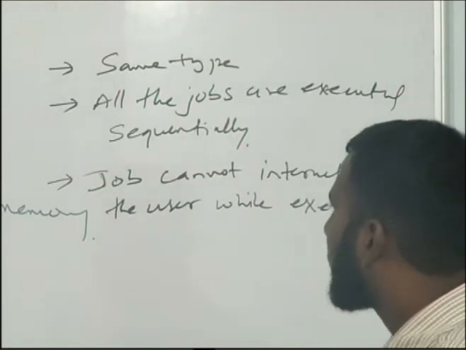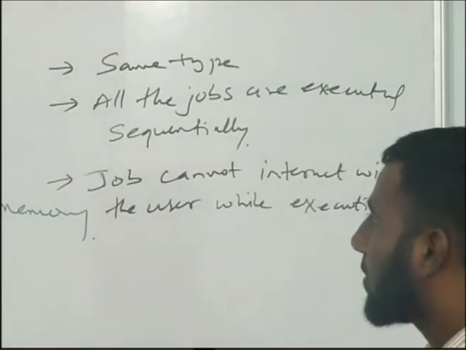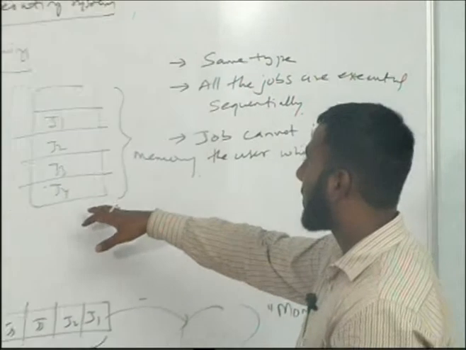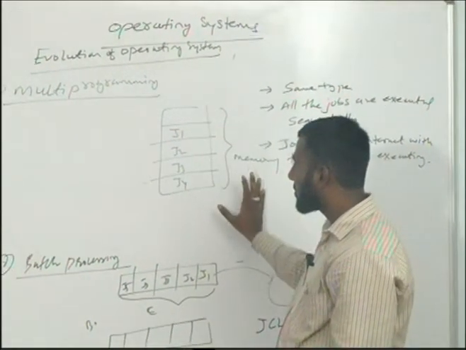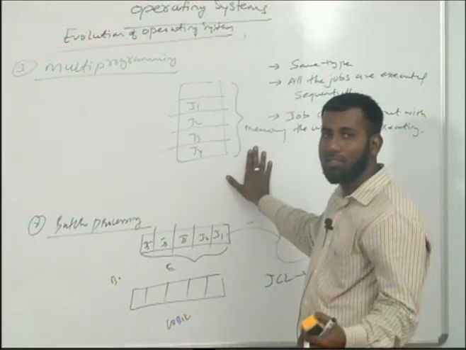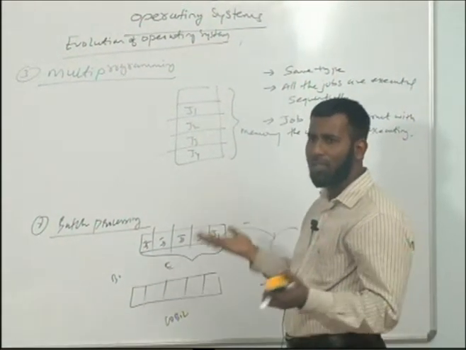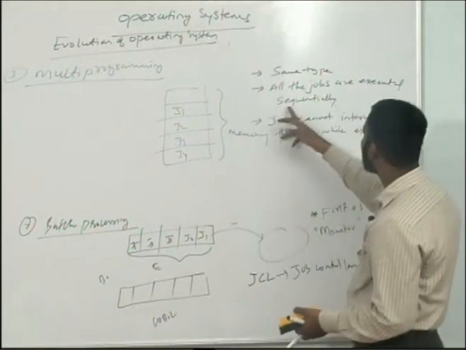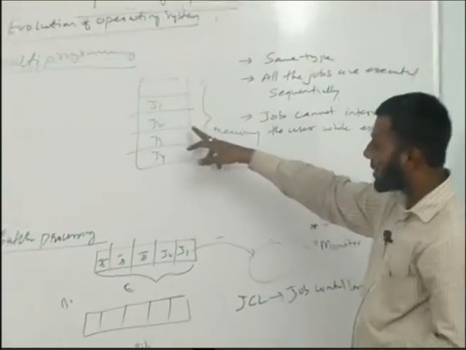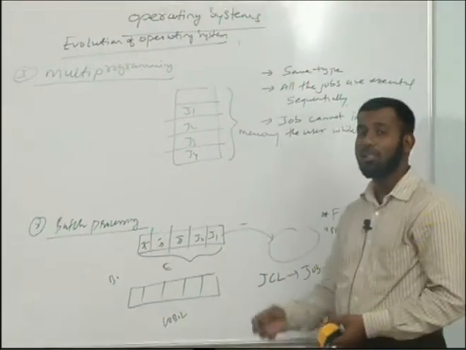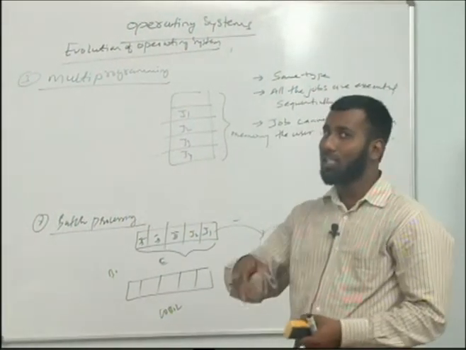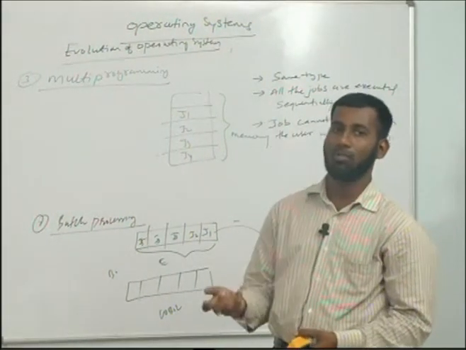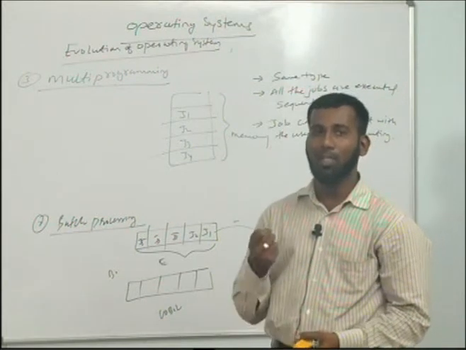Now, how to overcome this problem? This problem has been overcome with the help of multi-programming. Now here, multi-programming, as I have told you, is the ability of an operating system to load multiple processes or multiple jobs of any type, right? And all the jobs need not be executed sequentially. Now it is the responsibility of the scheduler, which selects any one of these jobs depending upon the scheduling algorithm.